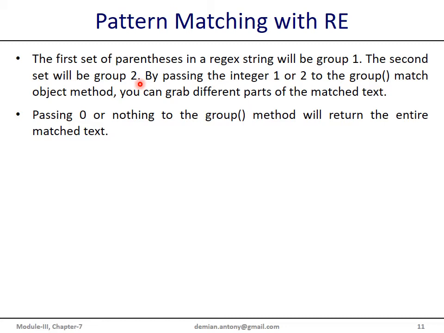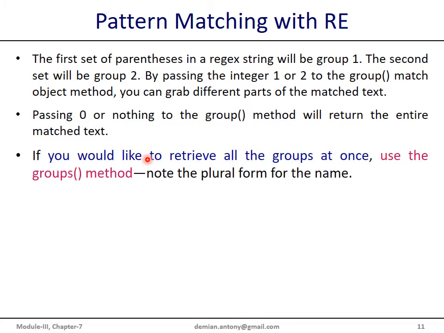The group method will grab the different parts of a matched text, either as group 1 or group 2, based on the occurrence of the parenthesis, or based on the number of times we have enclosed the regular expression characters in the pattern that is specified in the compile method. And also I told you passing 0 or passing nothing to a group method will retrieve the entire matched text.